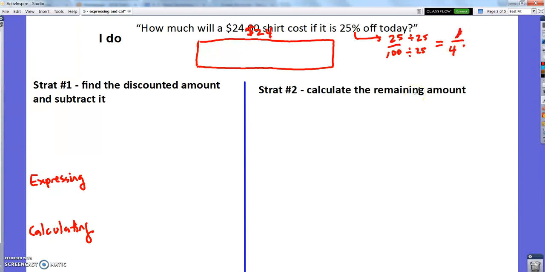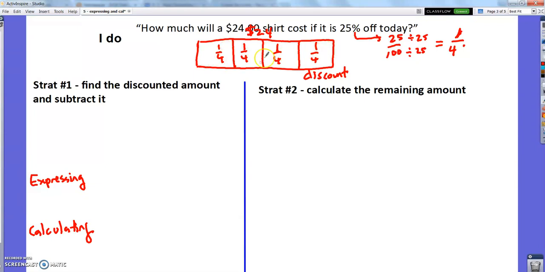So it's like 1/4 off. So if I think about my $24 shirt in fourths, each of these is a fourth of it, and I'm trying to figure out how much is off. This is just a way to think about the problem. So this part is going to be discounted, 1/4 of it, and I'm going to pay the other part of the price. With the tape diagram, you can probably already calculate it just looking at this, right? I have $24.